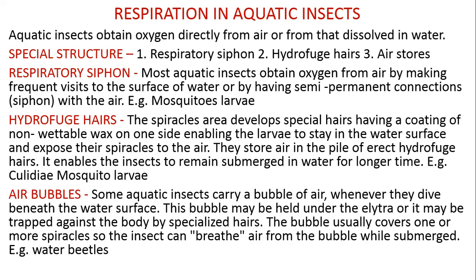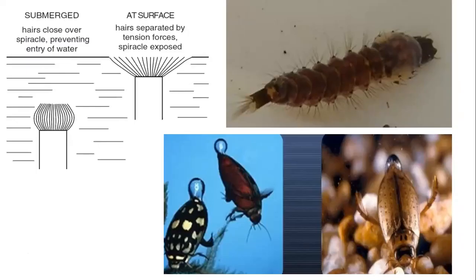The bubble usually covers one or more spiracles so the insect can breathe air from the bubble while submerged. For example, water beetles. These are the devices which are present in insects.